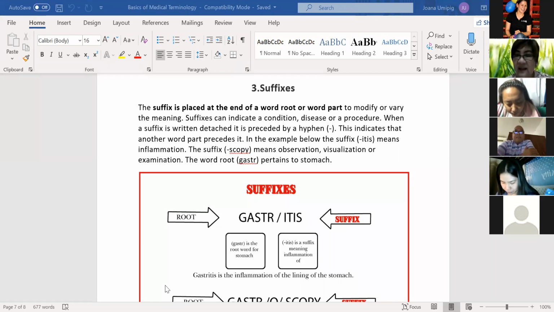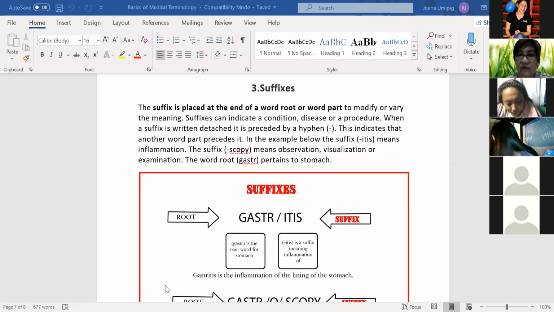So as I said, for all medical terminologies with -itis, when you find -itis, there is inflammation. Okay? So there is infection, there is inflammation. The suffix -scopy means observation, visualization, or examination, and the word root gastri pertains to the stomach.